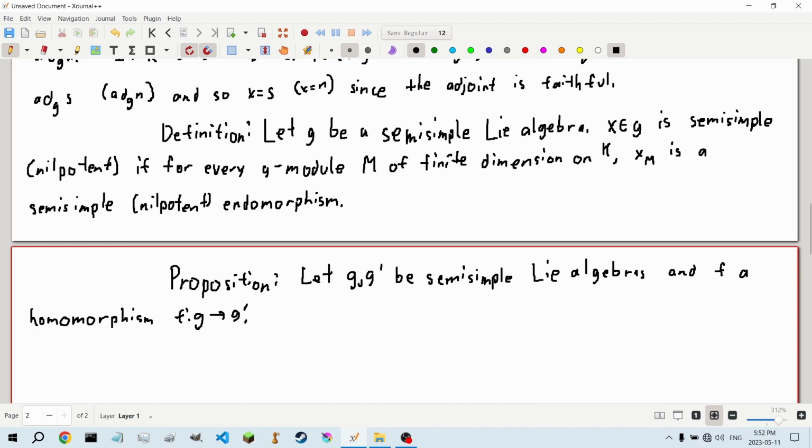Into, so this one isn't necessarily surjective. If x in G is semisimple, and of course respectively nilpotent, so is f of x.